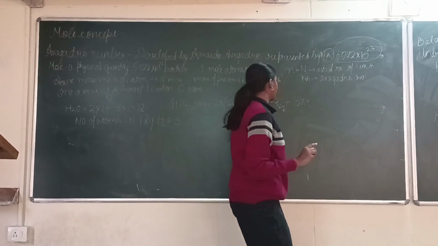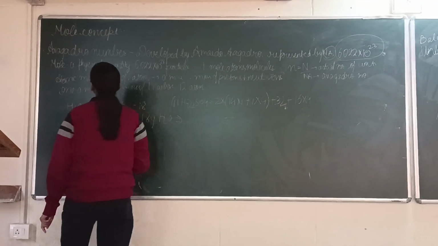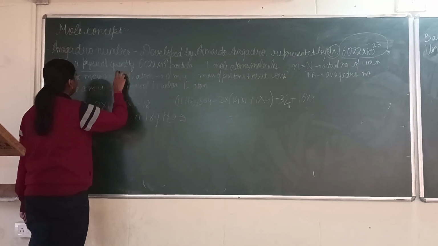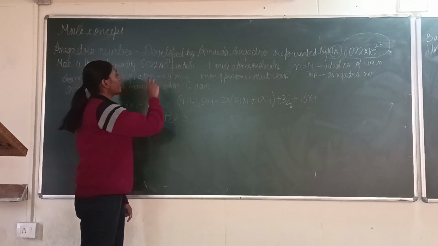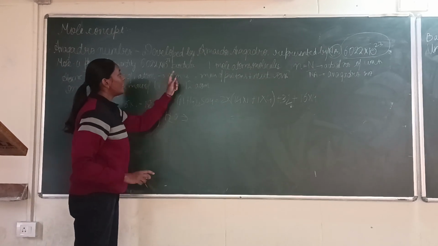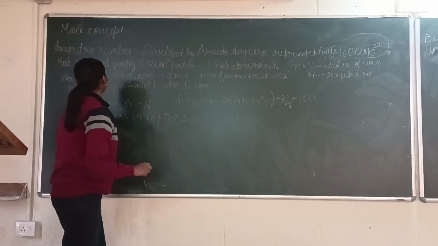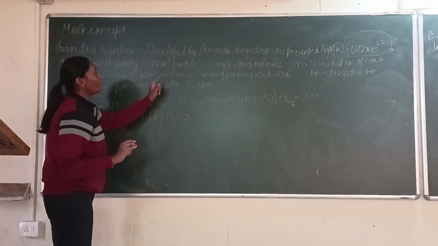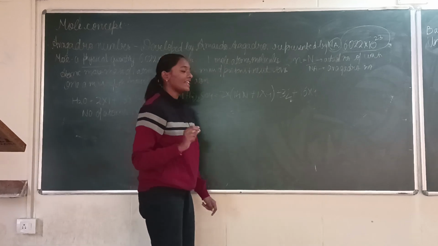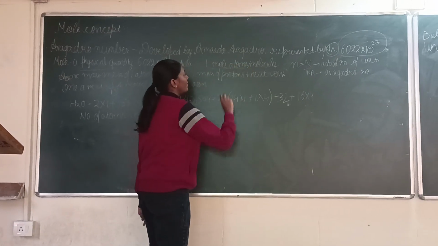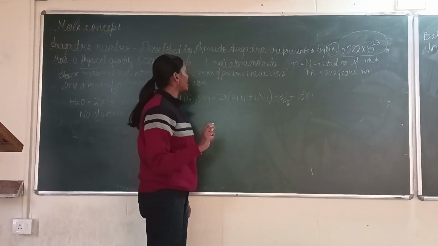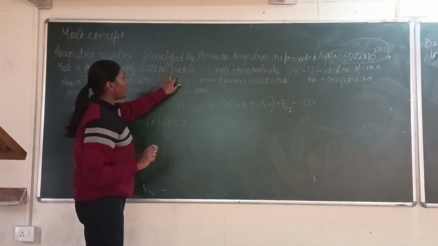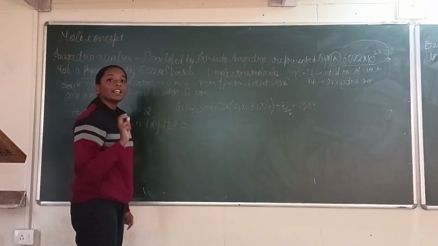Now, the second thing, what is a mole? A mole is a physical quantity which contains 6.022 into 10 to the power 23 particles. This means that one mole contains one Avogadro number of particles. When we say we need one mole of atoms, this clearly means that it has 6.022 into 10 to the power 23 atoms.